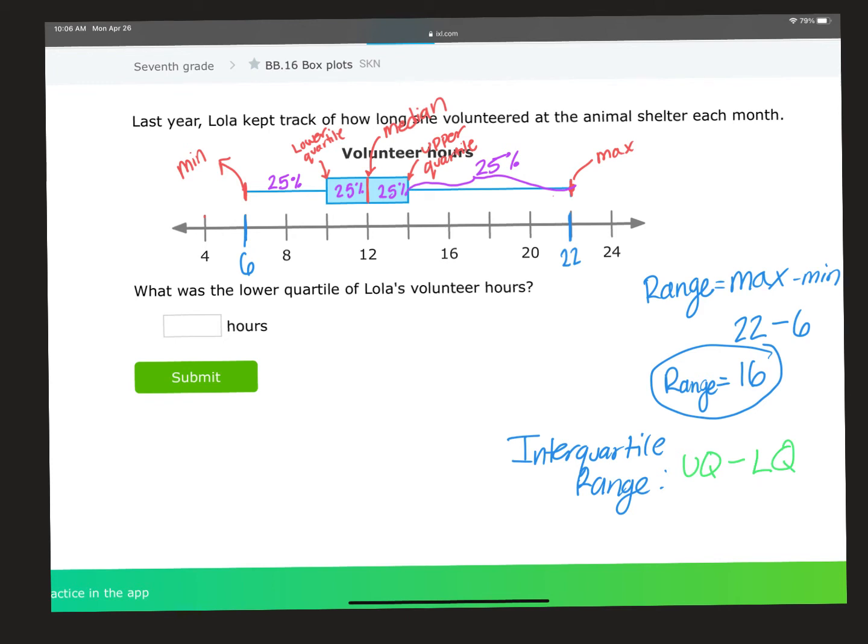So let's go see how much the upper quartile is. The upper quartile is between 12 and 16. The number between 12 and 16 is 14. The number between 8 and 12 is 10. So we have, sorry, I accidentally pressed that button. So we have 14 minus 10. The upper quartile minus the lower quartile. 14 minus 10, which is 4.